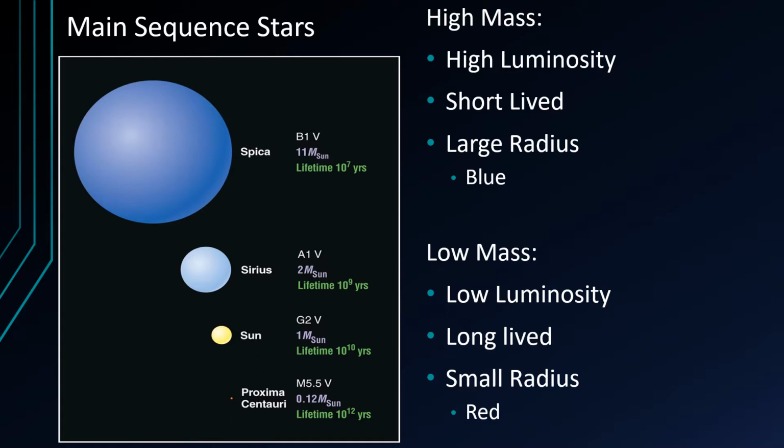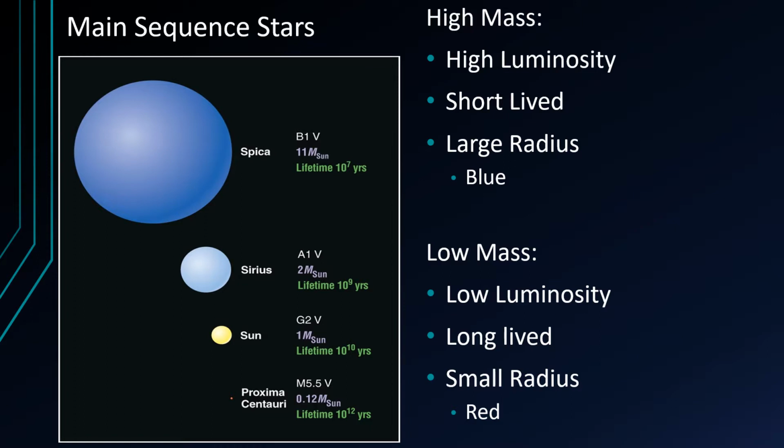So in the main sequence, like I said, we have high mass stars, which are high luminosity, short-lived, large radius, they're really big, and they tend to be blue. Then you have low mass stars with low luminosity, long lifetimes, and small radiuses.